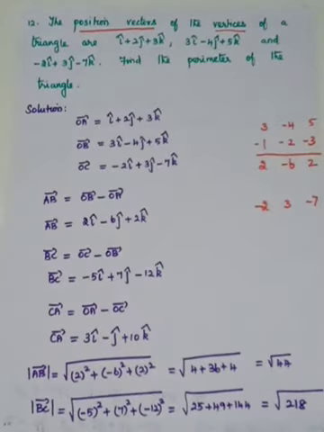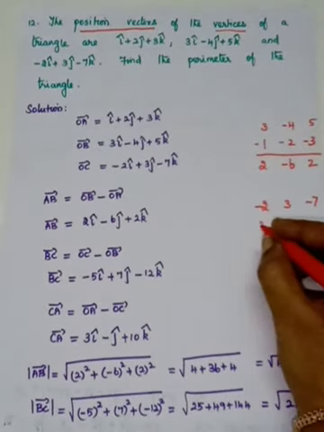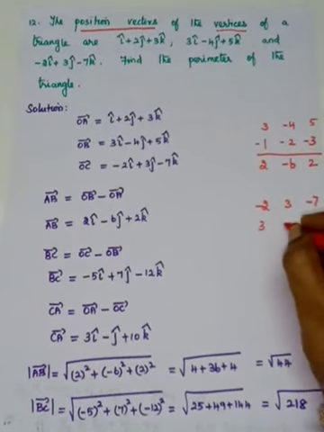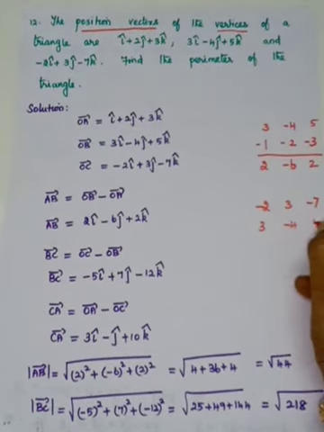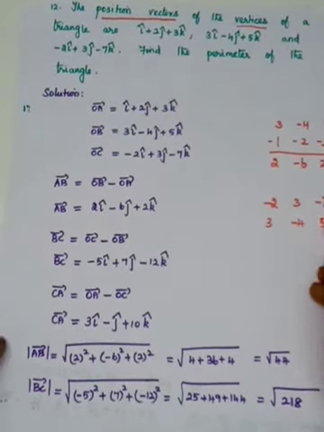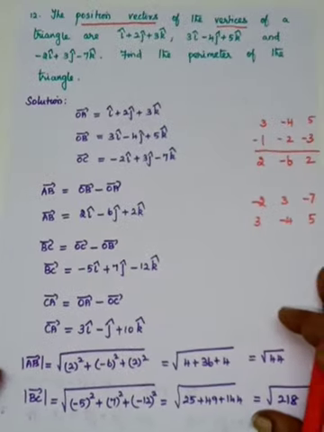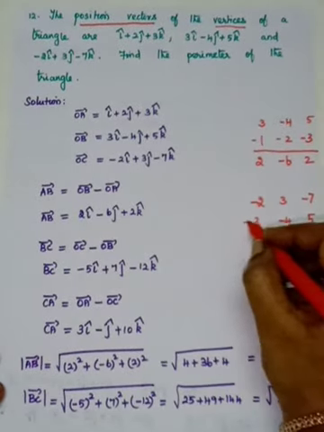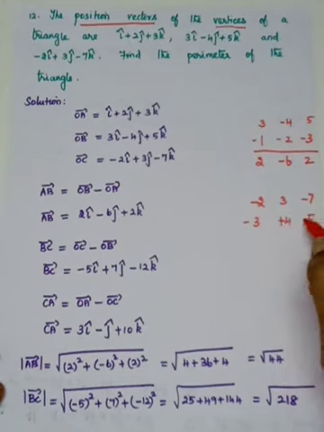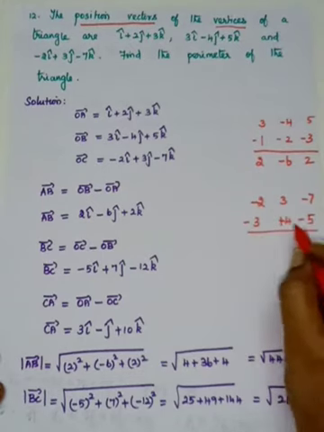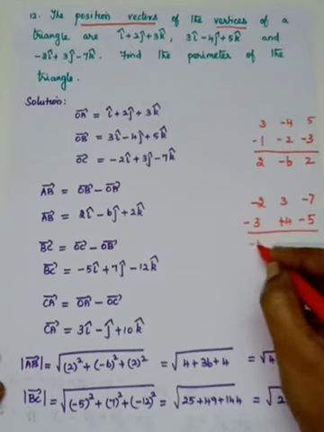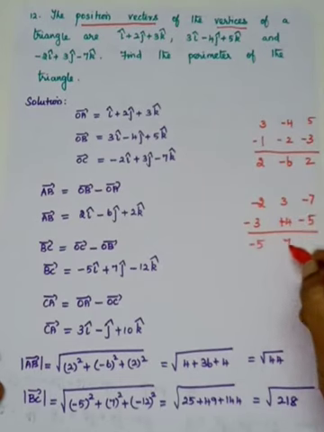Next, OB vector. What are the coefficients of OB vector? It is 3, minus 4 and 5. In between you have the subtraction, so you have to change your sign: minus, here you will have plus, here you will have minus. So minus 2 minus 3 is minus 5, 3 plus 4 is 7 and minus 7 minus 5 is minus 12.